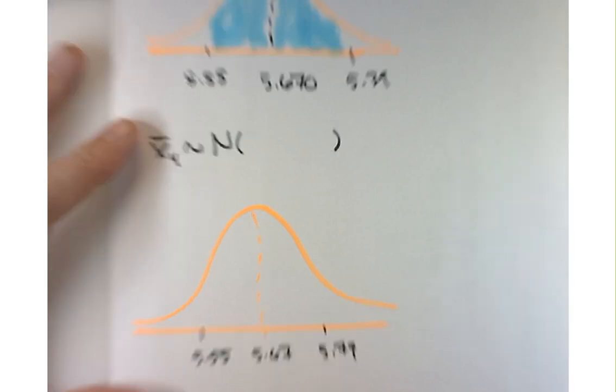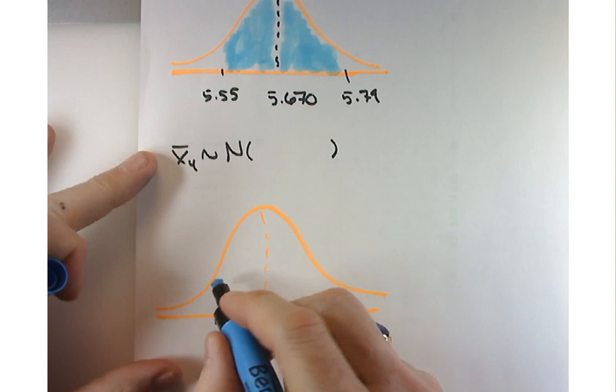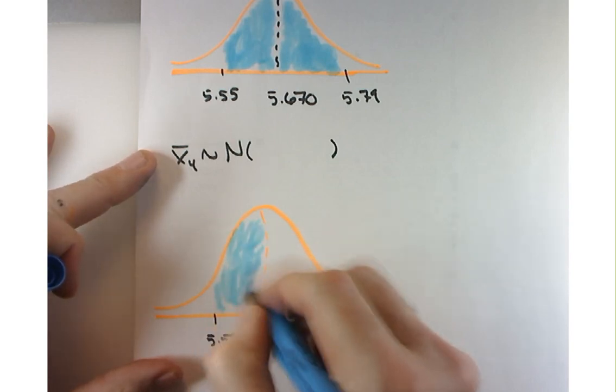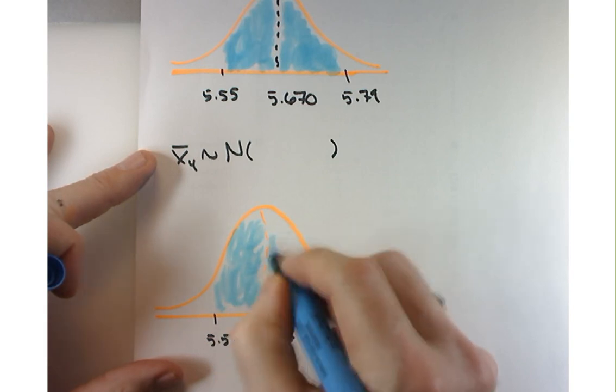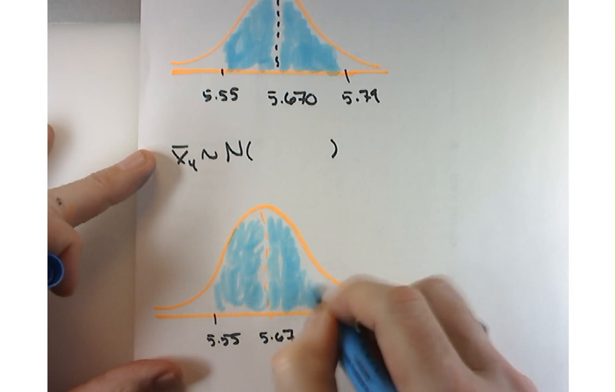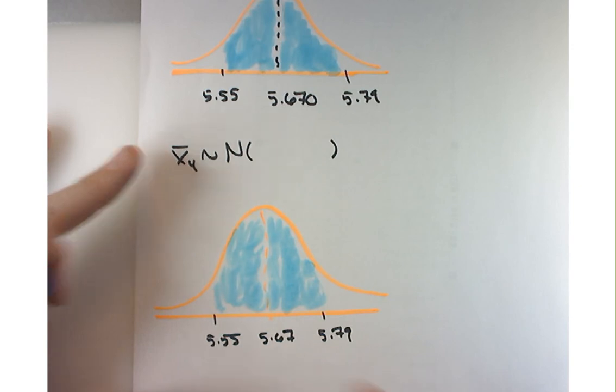But I want that area. When you turn to Google Sheets to do this calculation, it's going to be a little bit more challenging. You're going to have to think a little bit how to get the area to the left of this, but not including this.